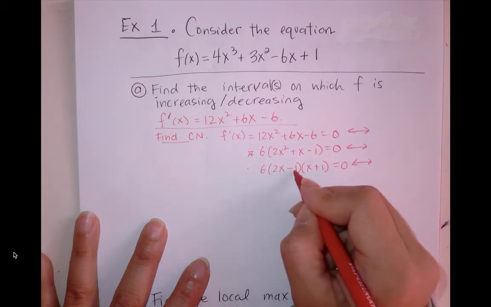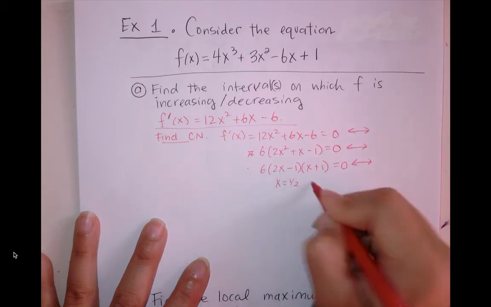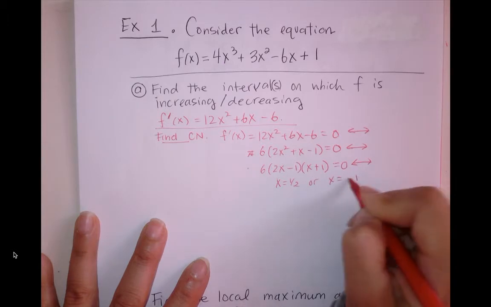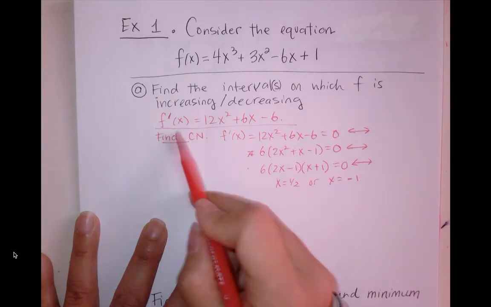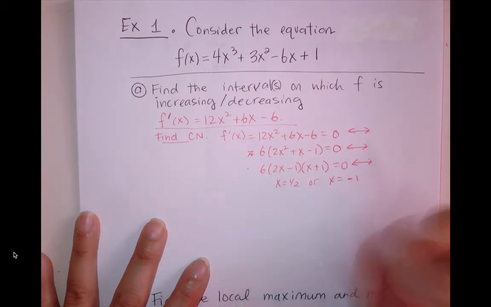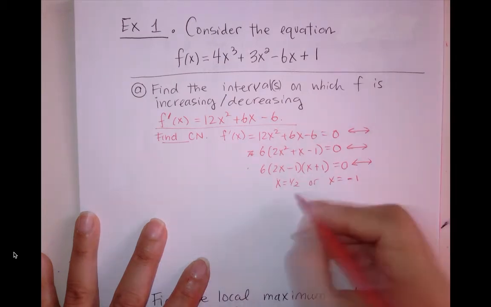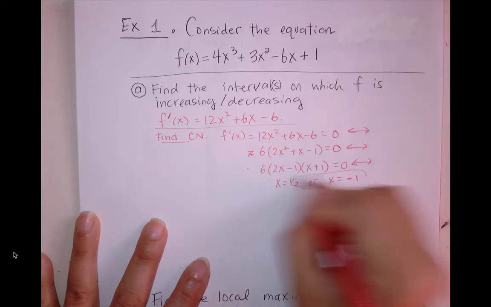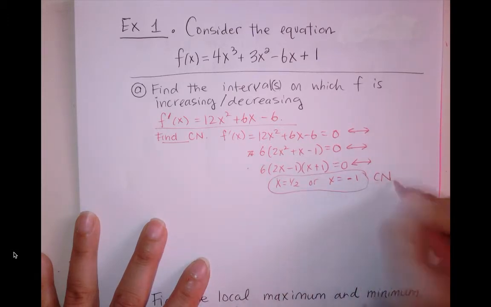In this case, x is equal to 1/2 or x is equal to -1. And since this function is a polynomial and always defined, we don't get any critical numbers from the derivative not being defined. So these are the critical numbers of the function.